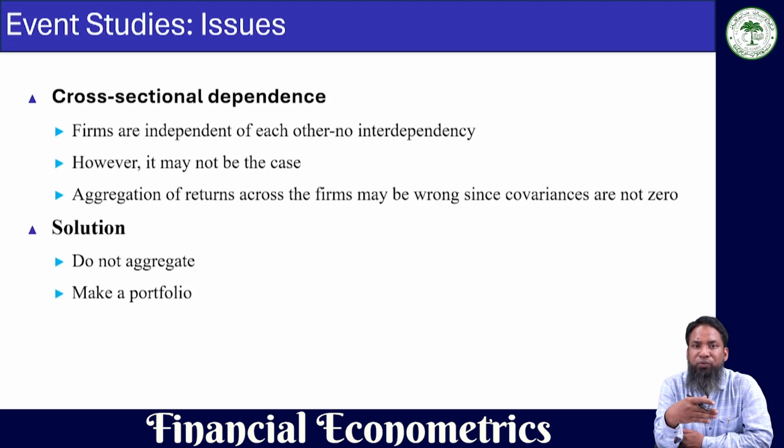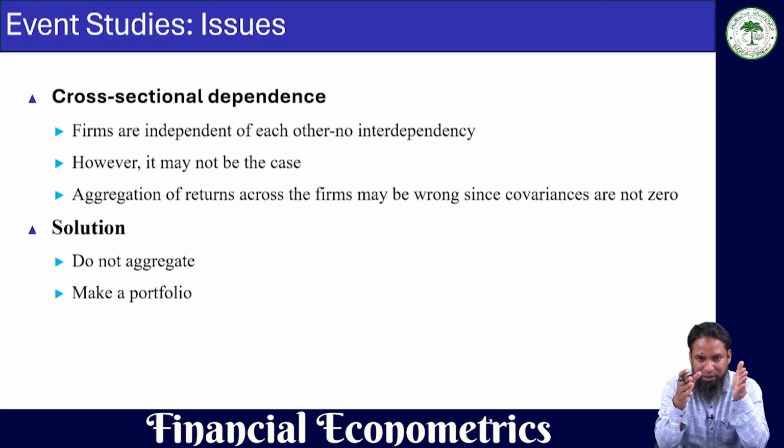Now, there are certain issues we face in event studies. First, the cross-sectional dependence. Right now we have assumed that every asset is independent. So, while calculating the return of one asset, we have not taken into consideration its interdependence with each other. However, that is not true.